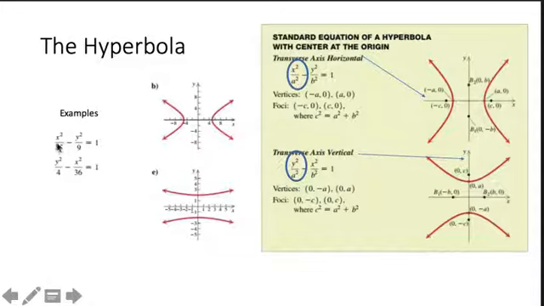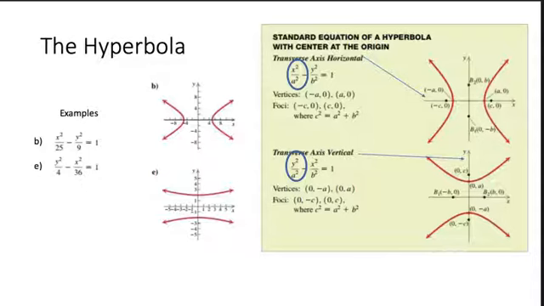When x squared is written first, the transverse axis is the x-axis. So this must be the graph for the x squared over 25 equation. And when y squared is written first, the y-axis is the transverse axis. So this must be the equation for graph E.